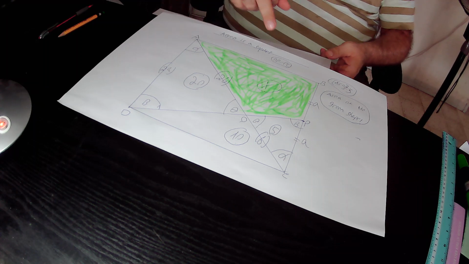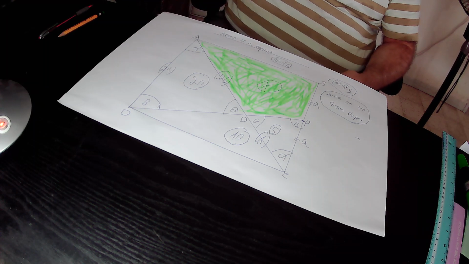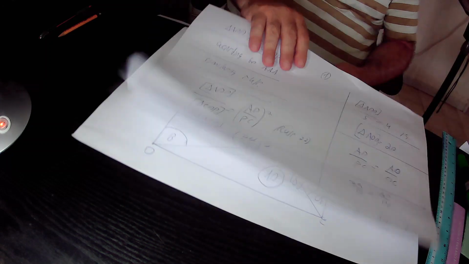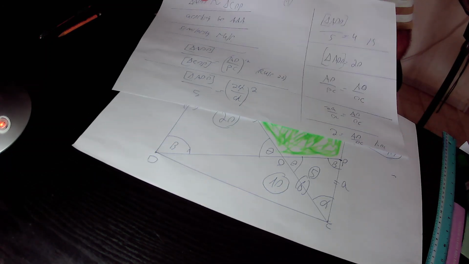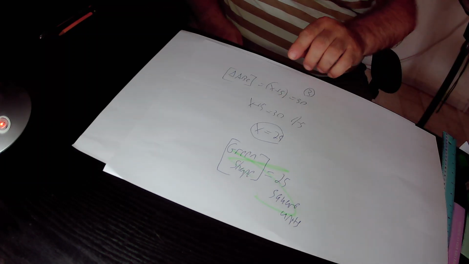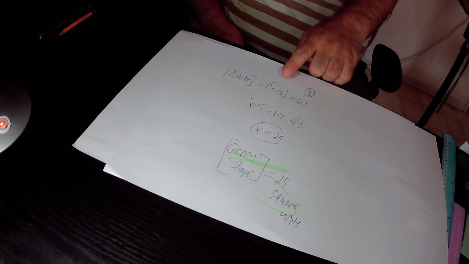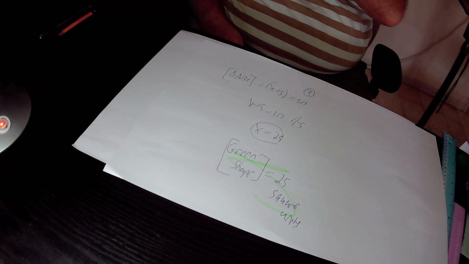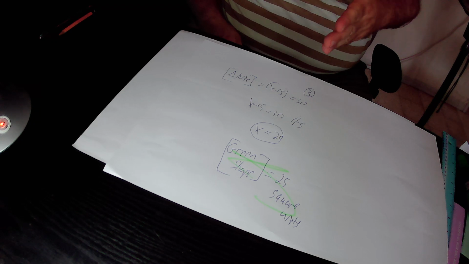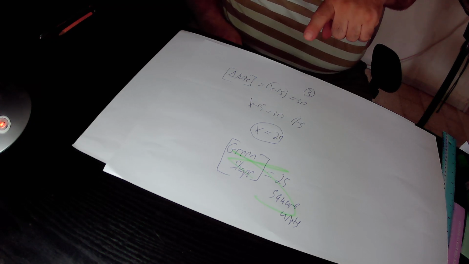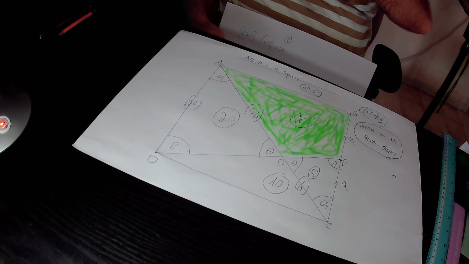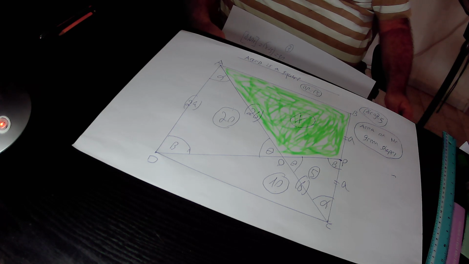But the area of triangle ABC equals x plus 5 from one side, and from the other side we found that the area of triangle ABC equals 30. So from this equation, we derive that x plus 5 equals 30. Here we subtract 5 from this equation, and we find that x equals 25. That is to say, the area of this green shape, that is x, is equal to 25 square units. Okay, thank you very much.